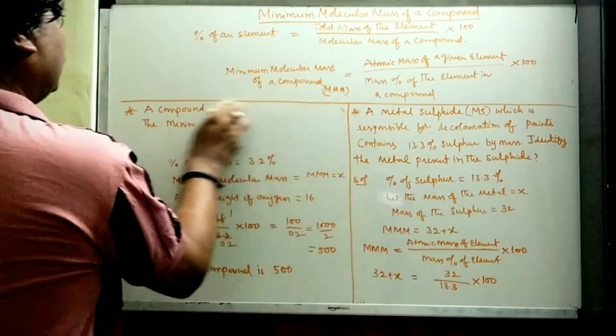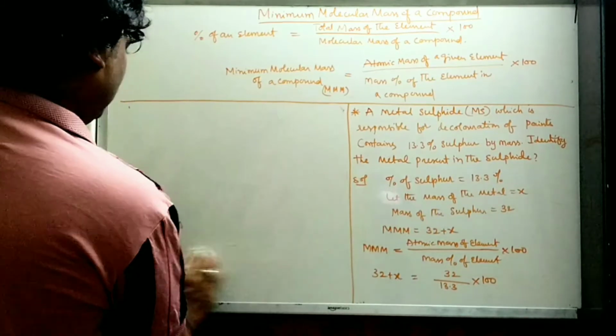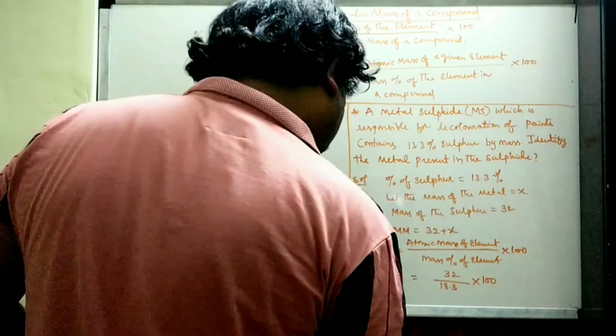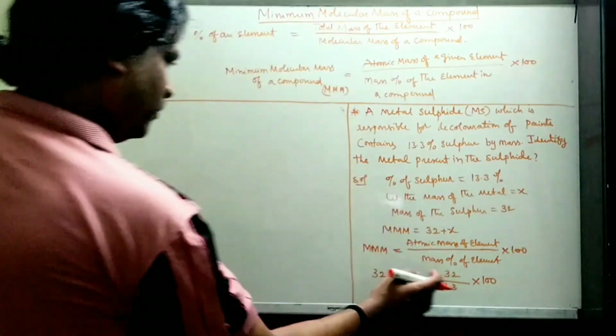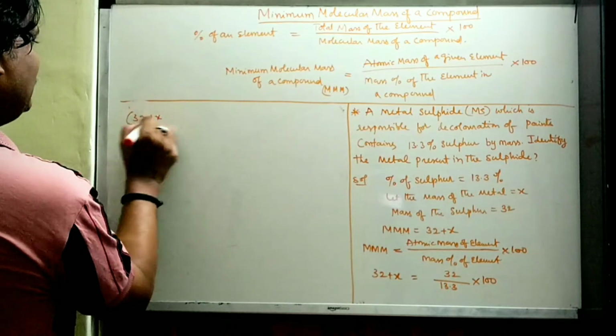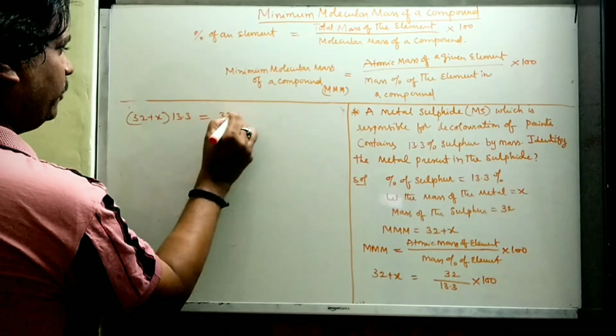Now let us see what we get. Bringing 13.3 to this side, 32 plus X into 13.3 is equal to 32 into 100.